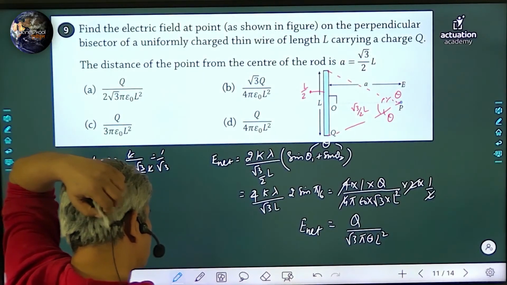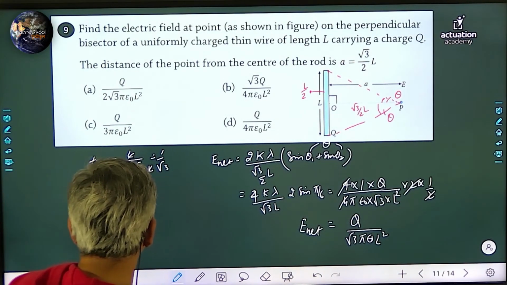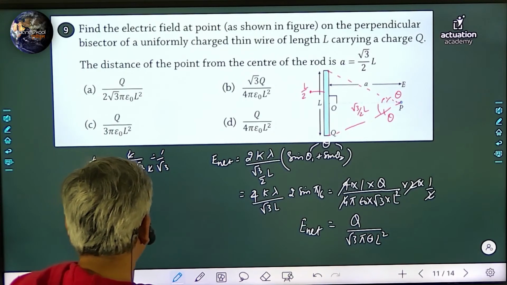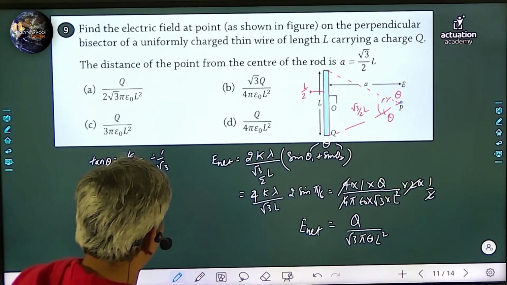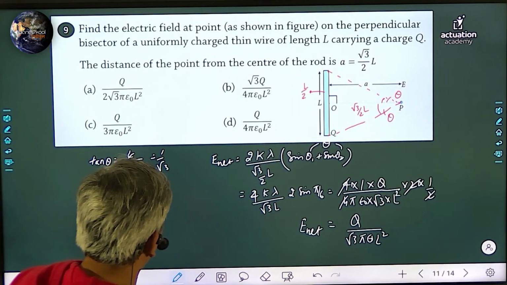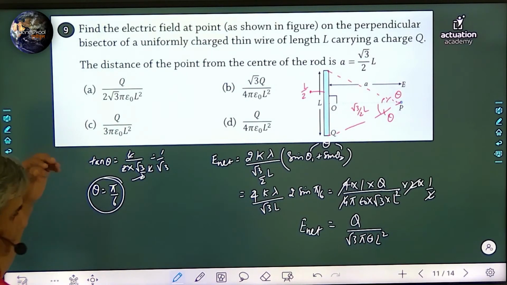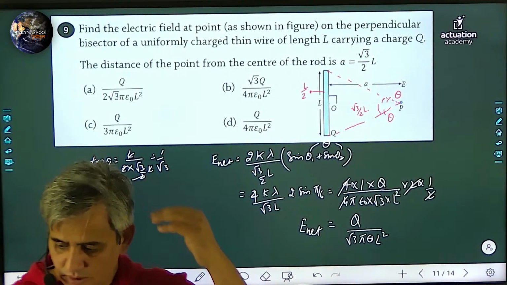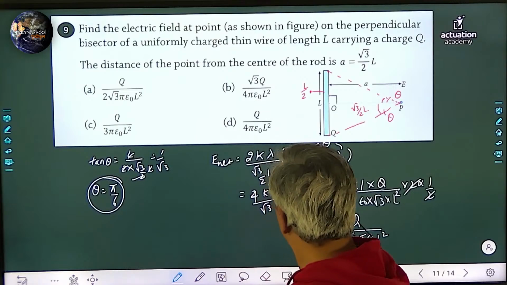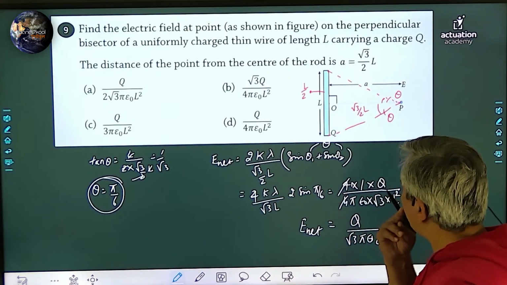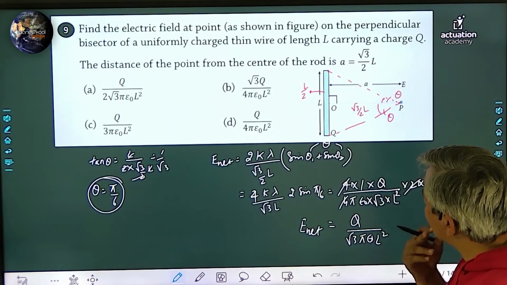There is an extra 2. Why is there an extra 2? Okay, from these given options, 2k lambda, 2k lambda sine theta 1 plus sine theta 2.